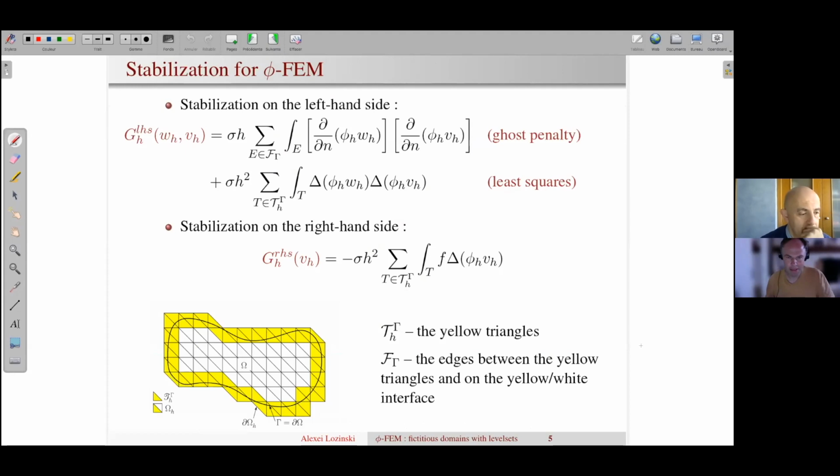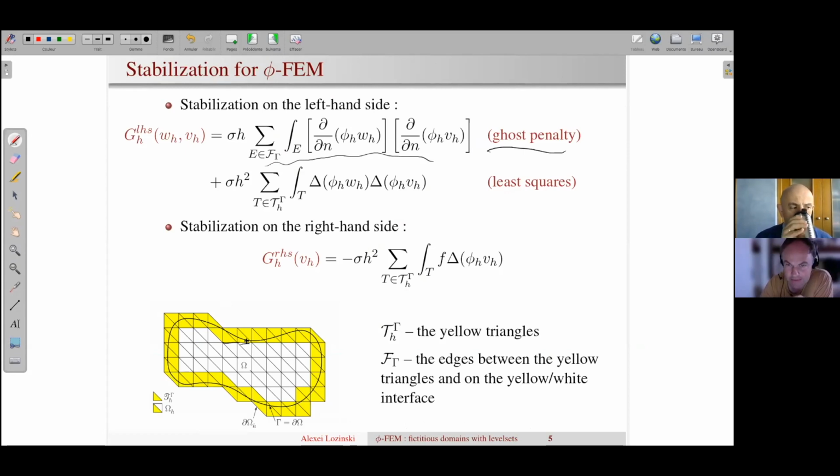Yeah, here. So you see here all the stabilization terms. Basically, the idea for stabilization is the same as in CutFEM, so this ghost penalty. So we penalize the jumps over all the edges or faces which are cut by gamma, by the interface, and also on these edges.